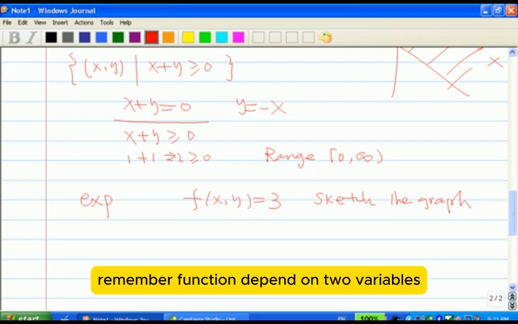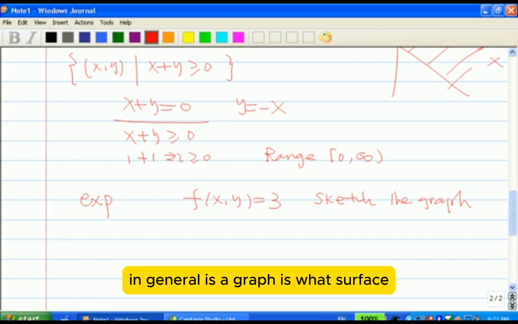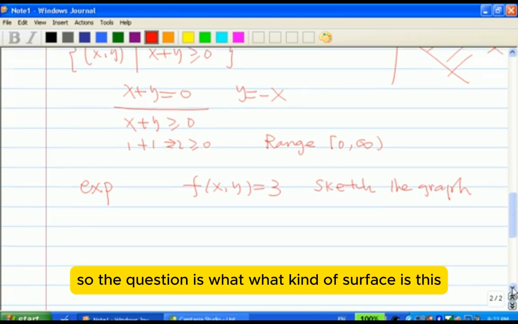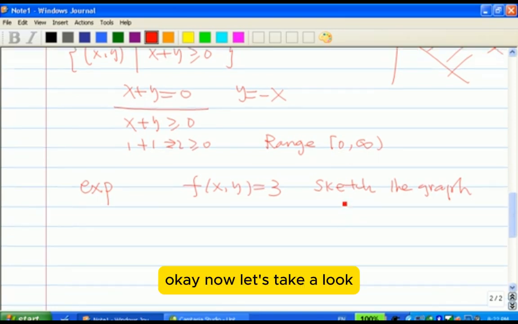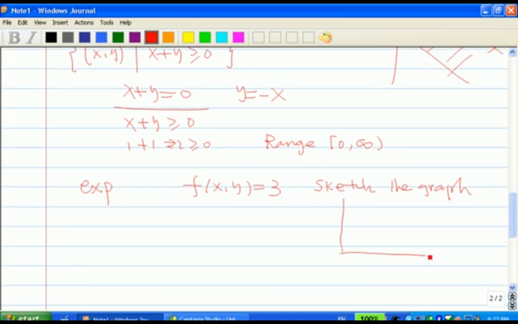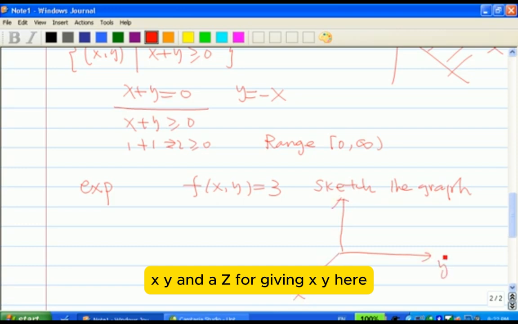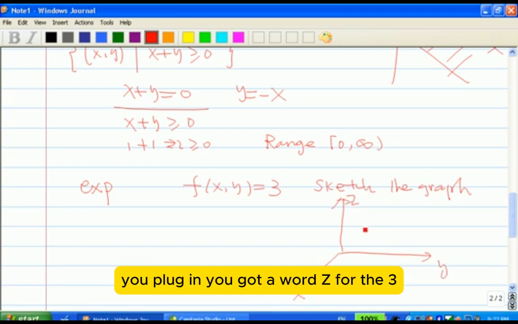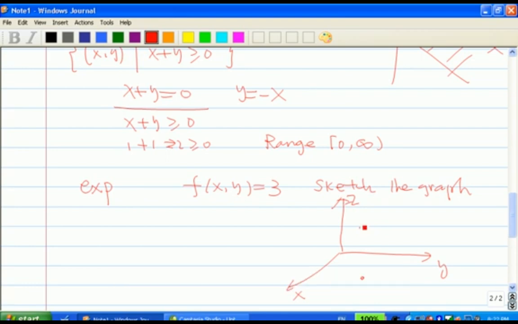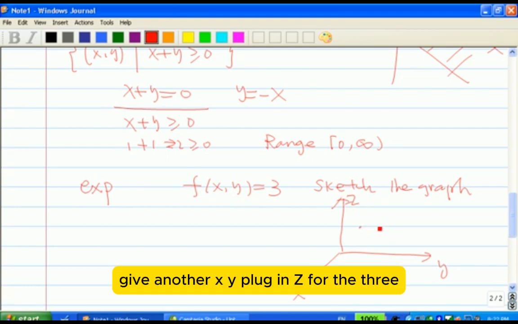Remember, a function that depends on two variables, in general its graph is what? A surface. Okay. So the question is, what kind of surface is this? Now let's take a look. x, y, and z. For given x, y here, you plug in, you get z equal to 3. Give another x, y, plug in, z equal to 3. So now you probably get some idea.